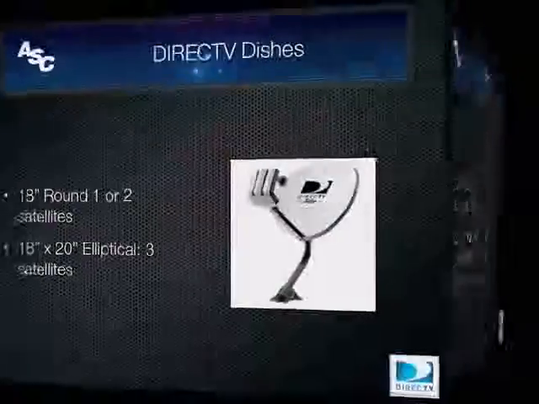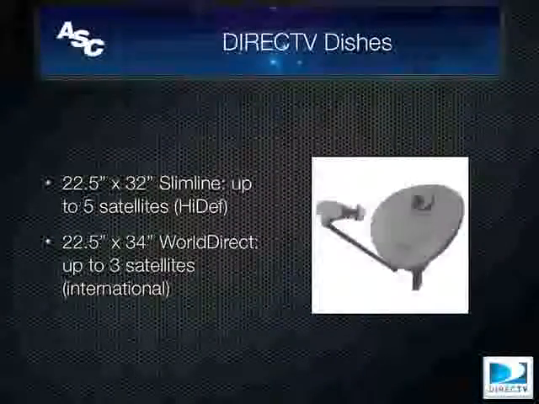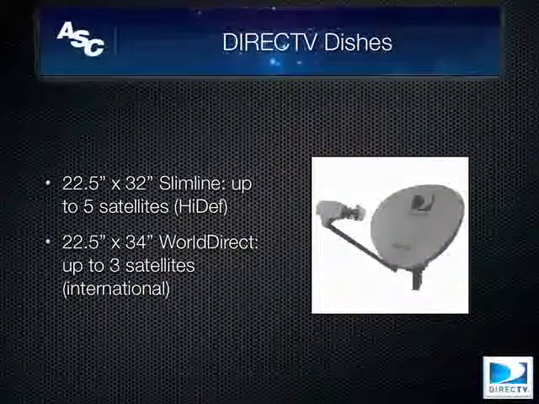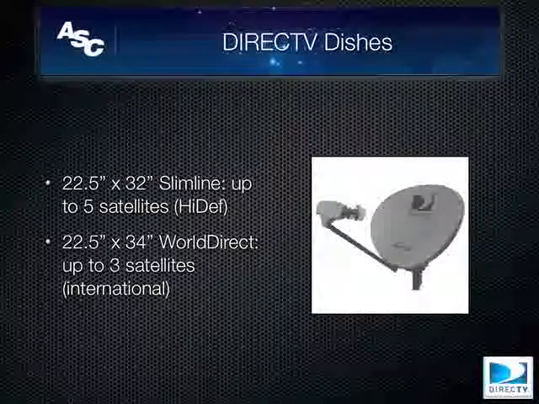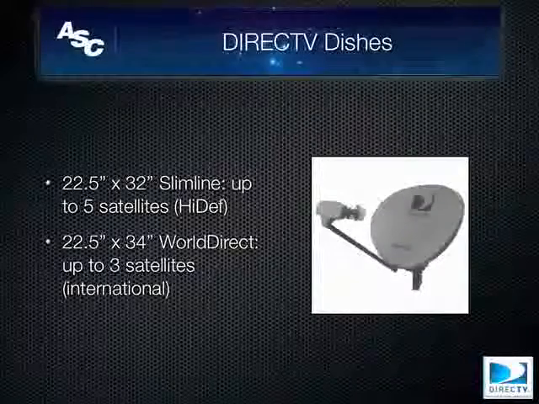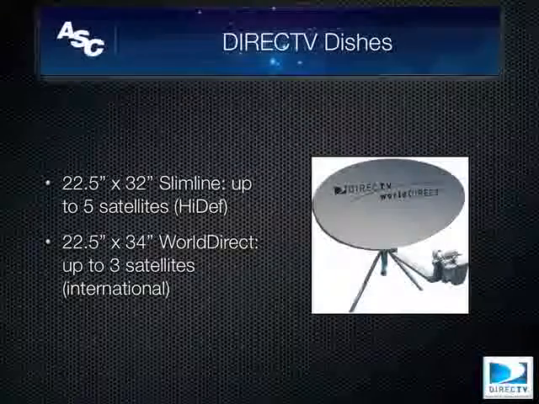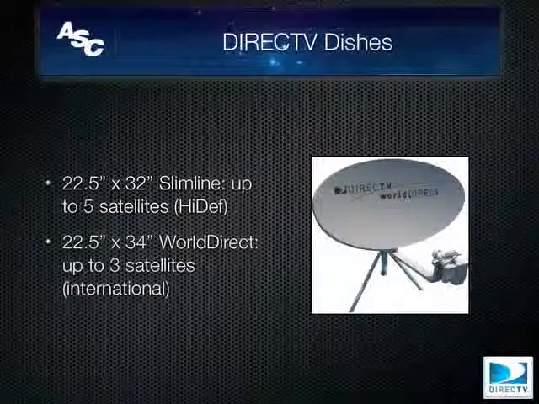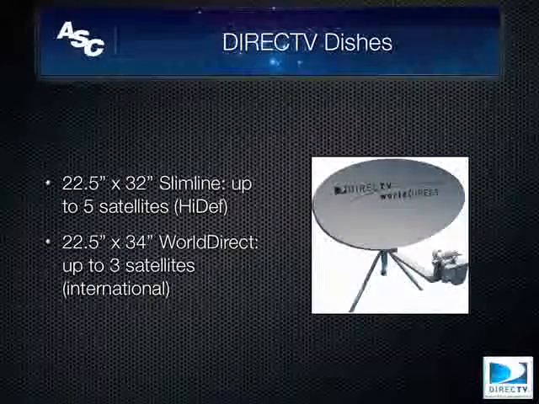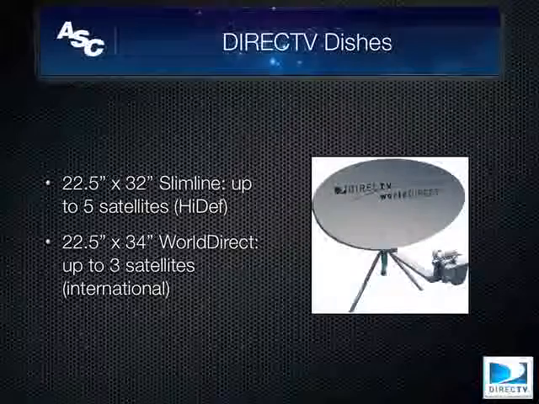Next up, we have a slimline, which is able to receive a signal from up to five satellites. That is used to receive a high-definition signal. And then finally, we have an example of a World Direct dish, which is used by DirecTV so that the customer can receive international channels.